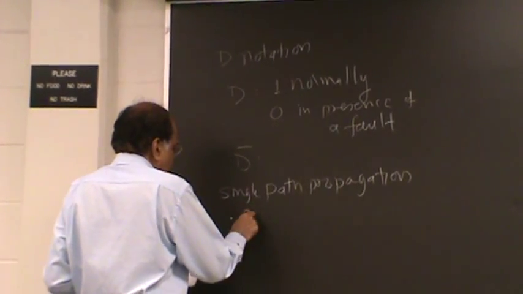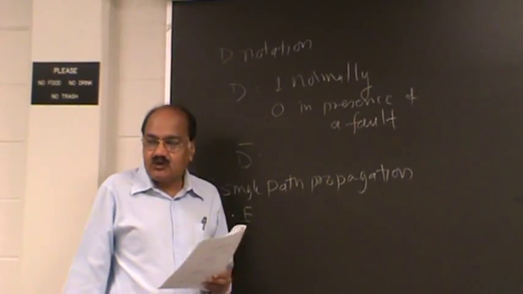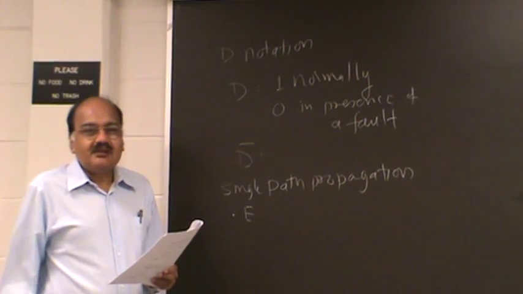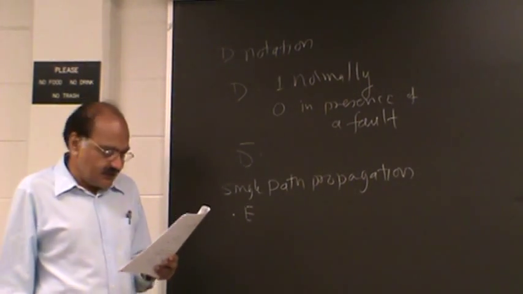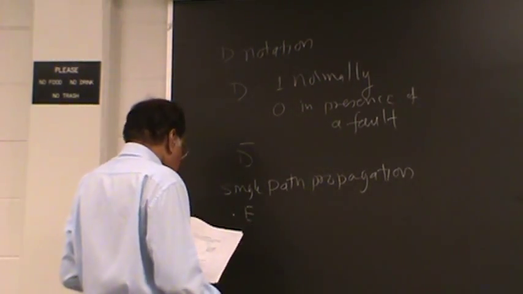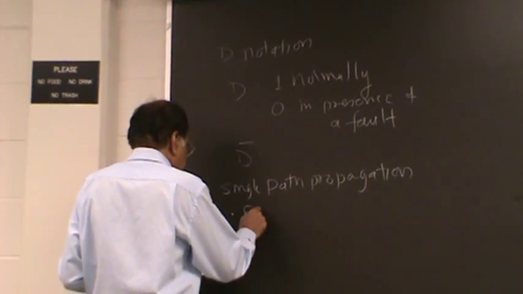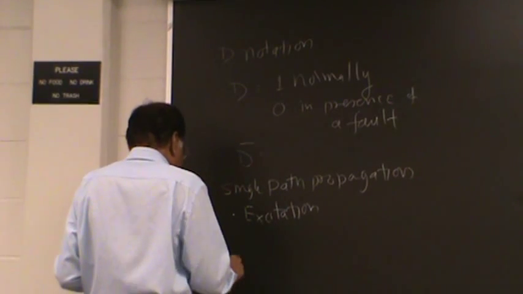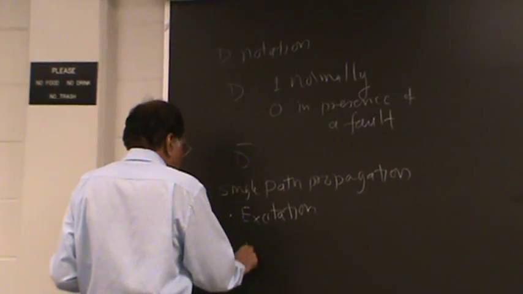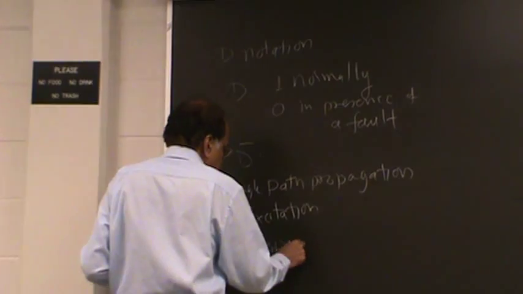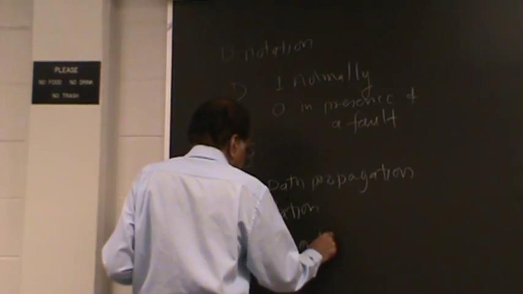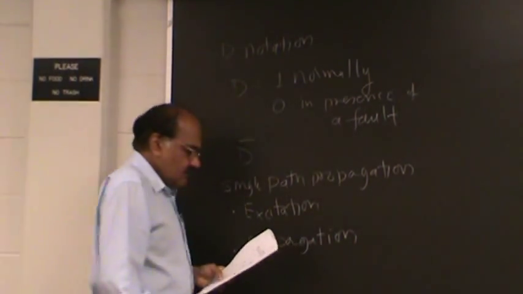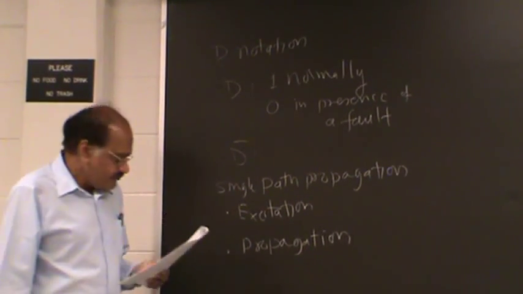And so we noticed that the important steps are, first you need to excite the fault. You need to create an error at the site of the fault. And then you need to propagate the error to the output.